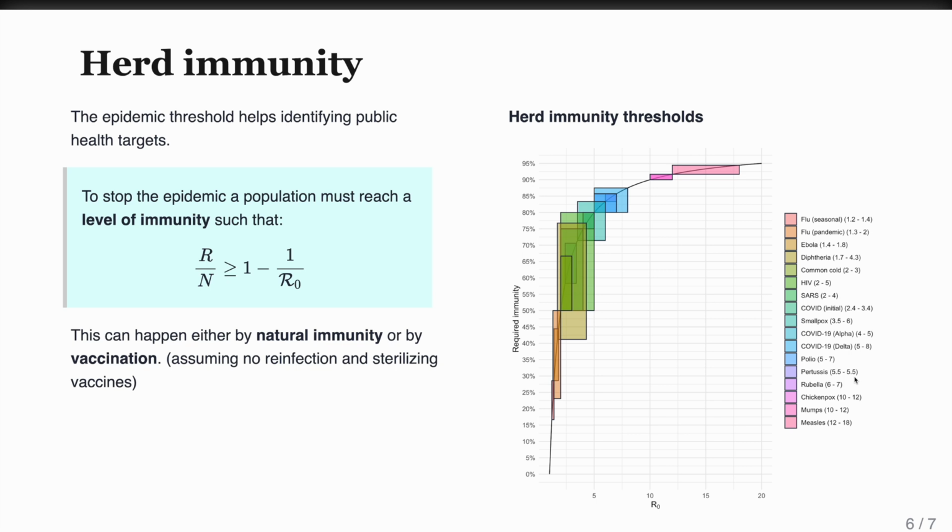This plot also shows us something interesting from the evolutionary point of view. We can see that the diseases which have the highest R0 are usually diseases which are not lethal, like measles, mumps, chickenpox. This is related to the fact that these pathogens co-evolved with humankind in order to maximize their probability of spreading, and this probability is increased if they don't kill the host.